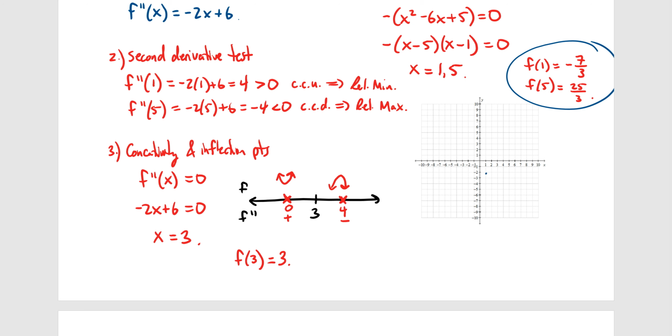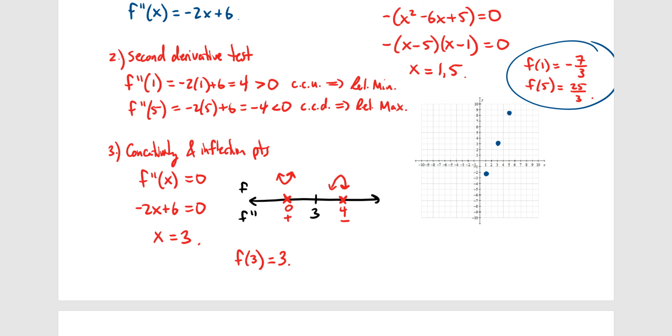That's going to be about right here. And then 5, 25/3. 25/3 is a little bit more than 8, so that's going to be 5, a little bit more than 8. And there's an inflection point at 3, 3.